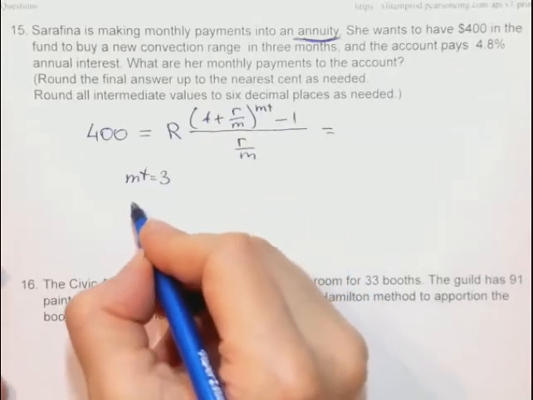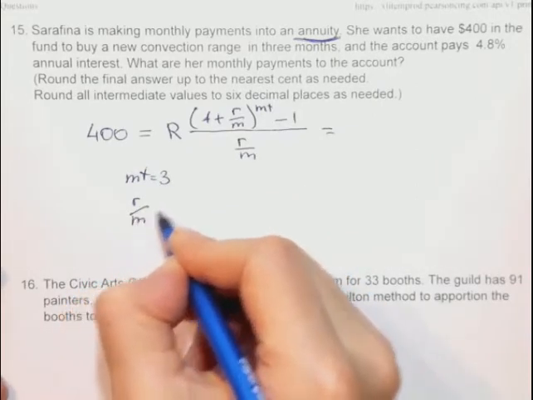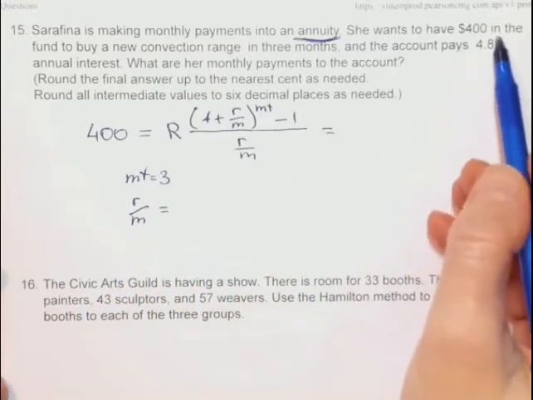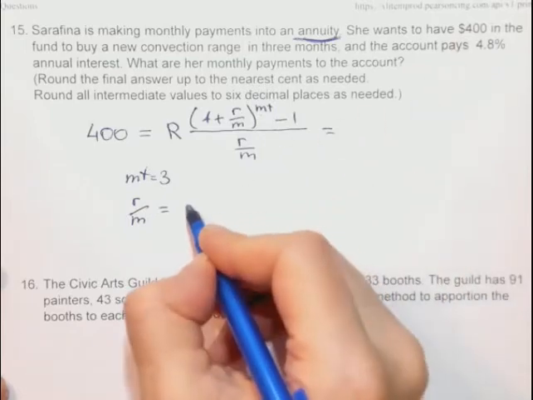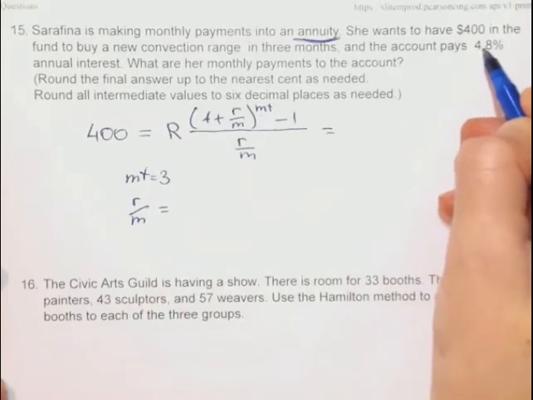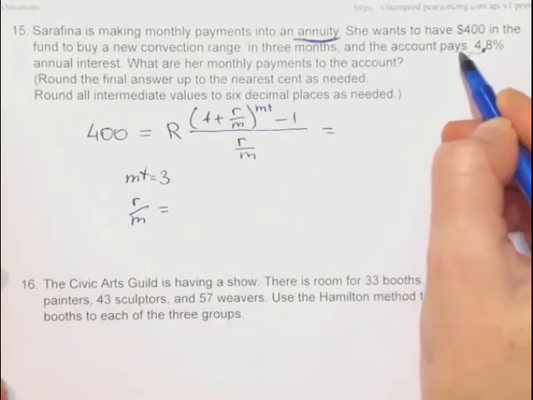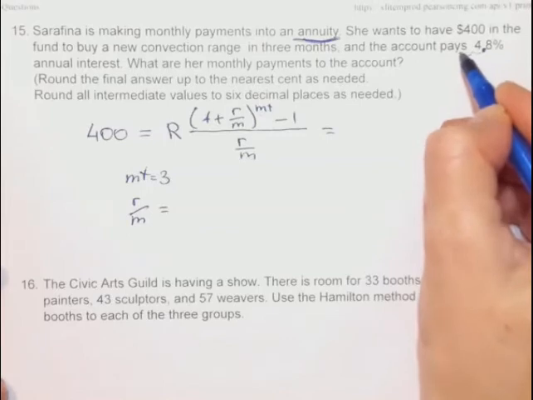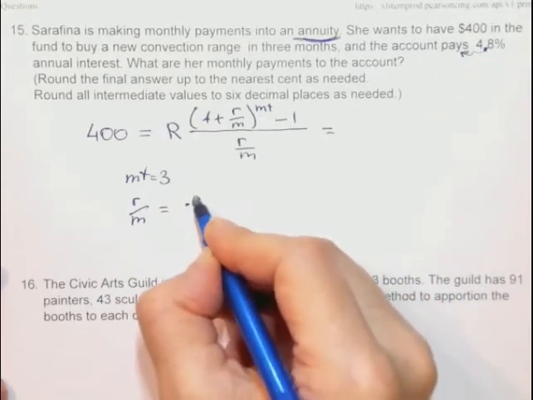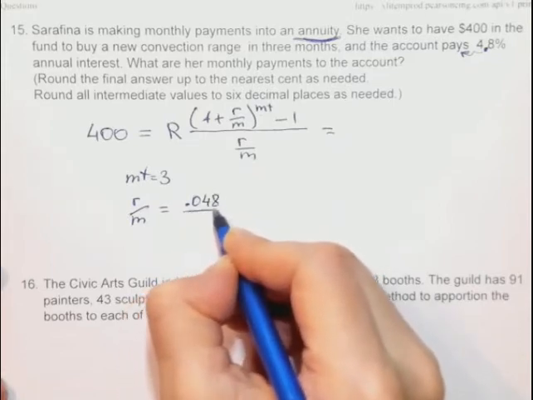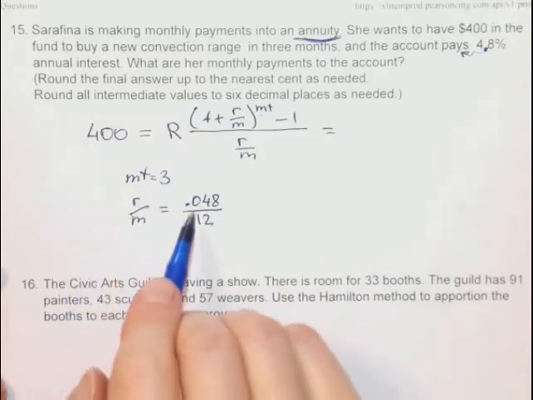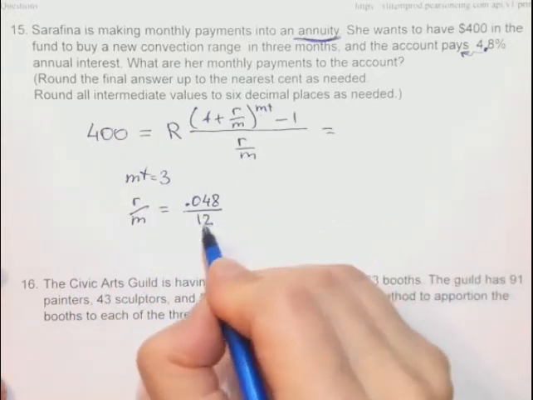So R over M is the annual interest in decimal form. In decimal form, it means that the decimal point goes 2 decimal places to the left. So it will be 0.048 divided by 12. The payments are monthly, so M equals 12.